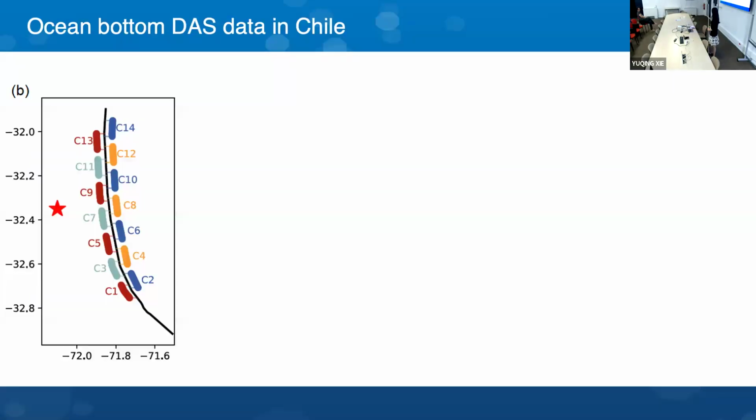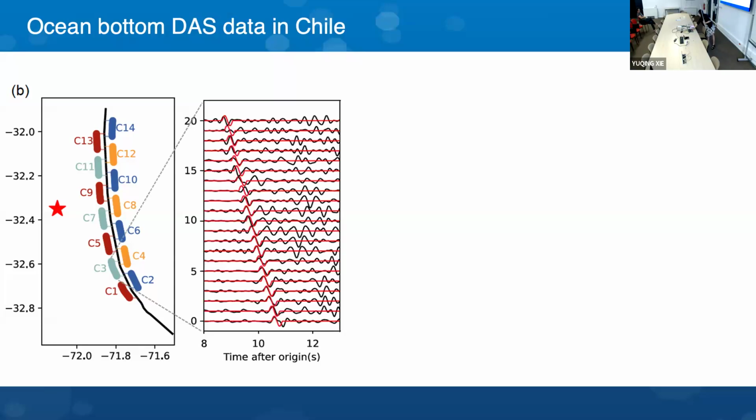So using the waveform after this processing, I use a similar method to what I introduced previously: divide the cable into several segments, apply back projection to each of them, and then combine. Then I get a result like this.